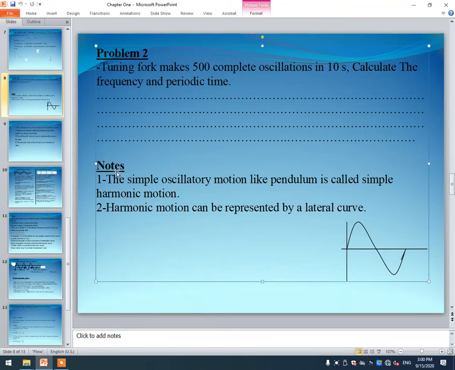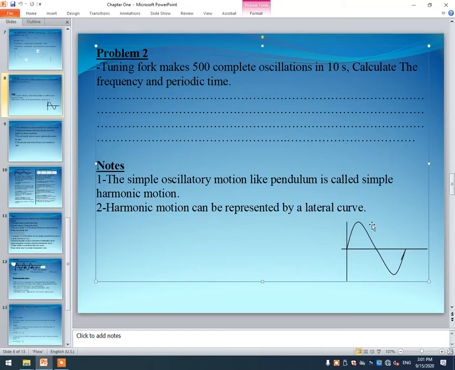Here, before leaving this part, I want to let you know about two notes. Note number 1, the motion of the pendulum can be represented by the figure in front of you.